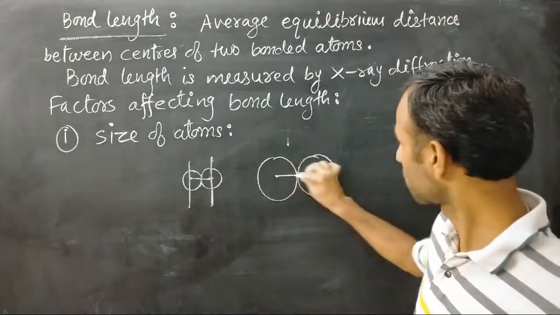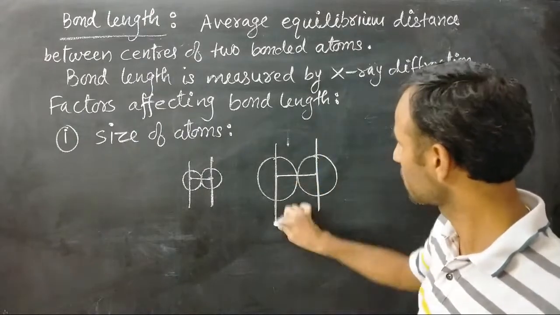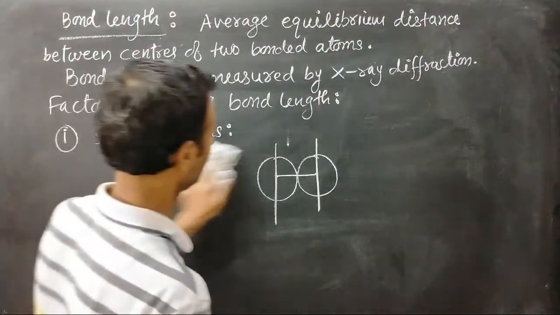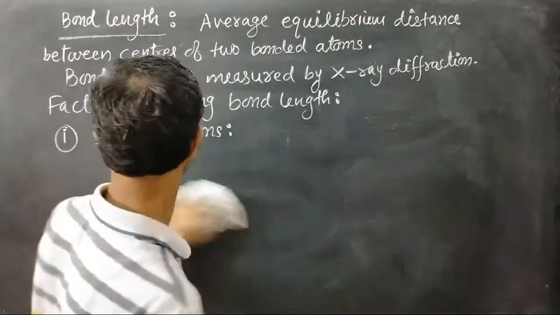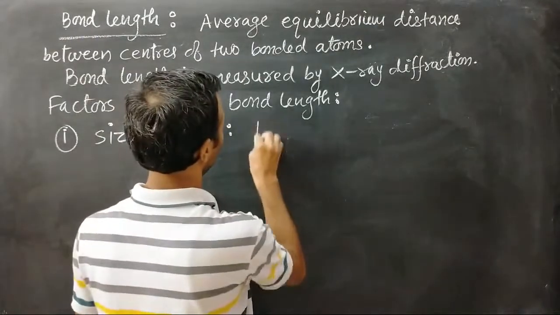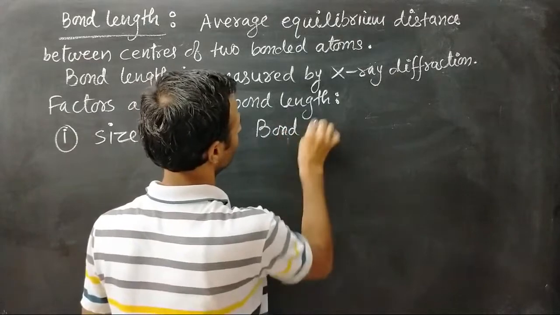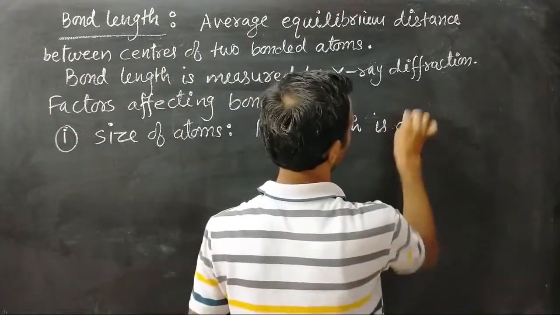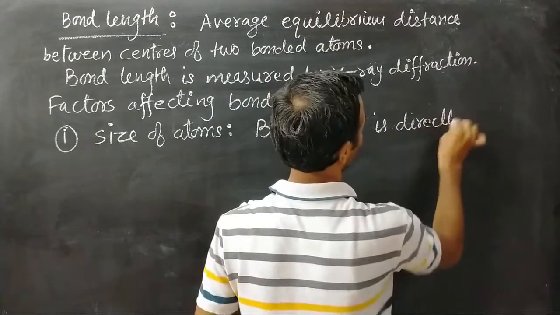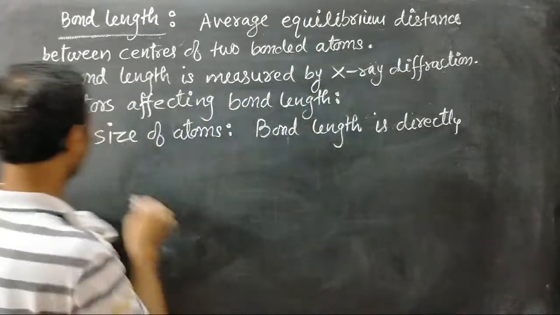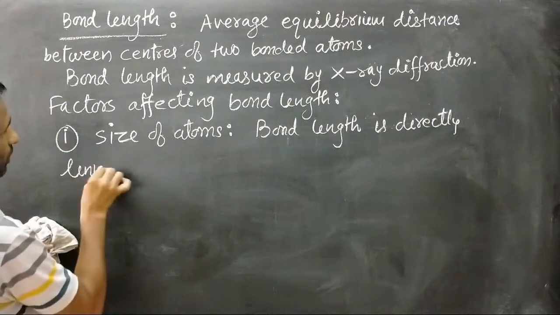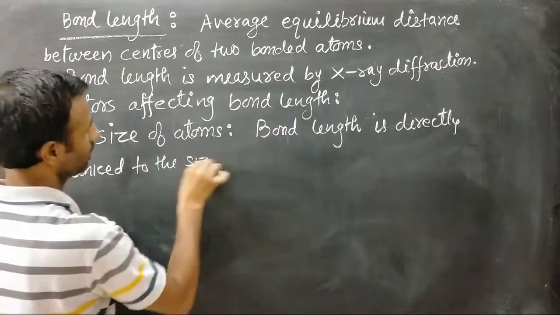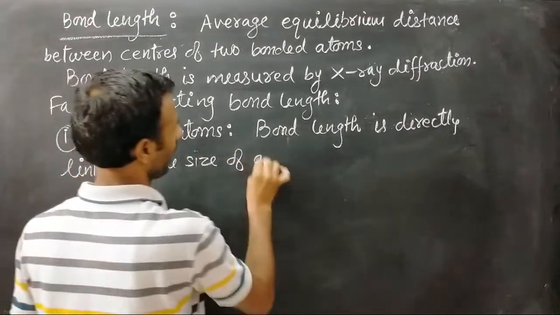If atoms are large, bond length is large. So bond length is directly linked to the size of the atom.